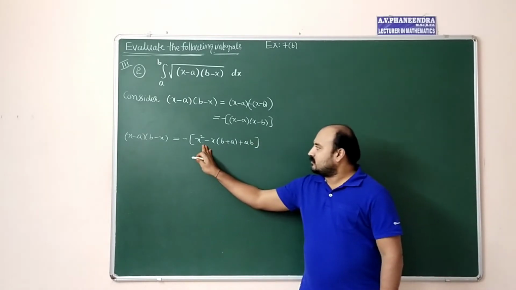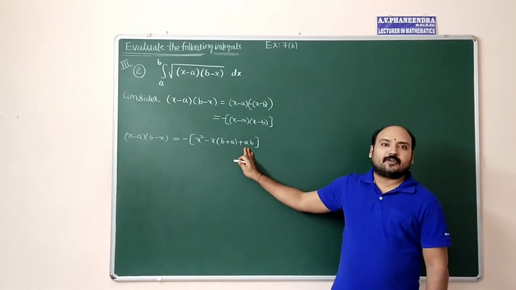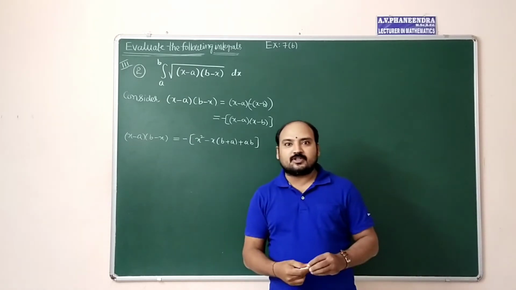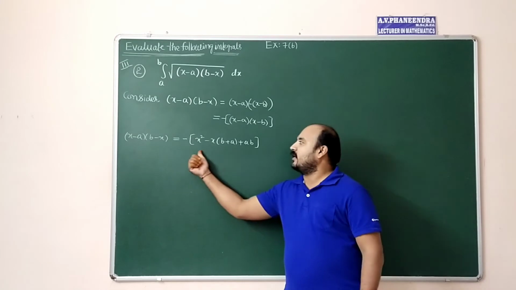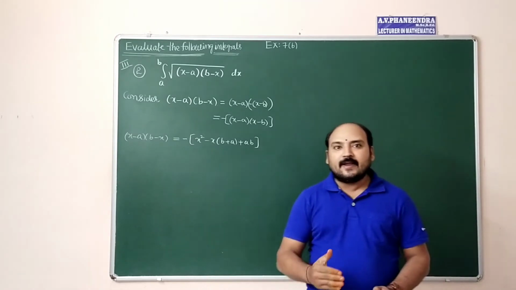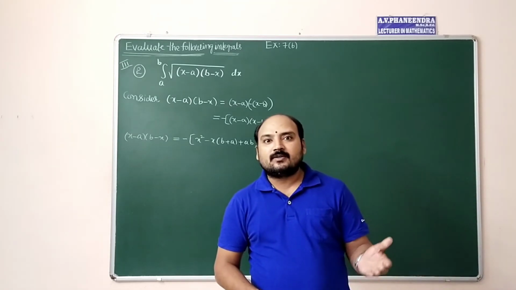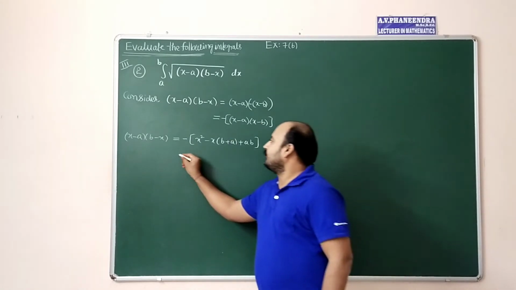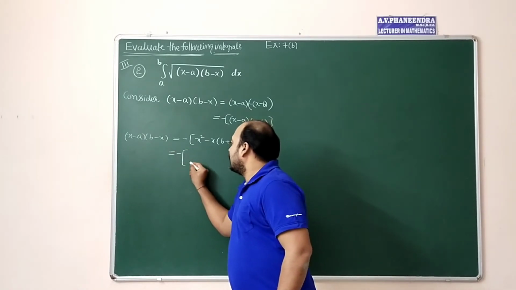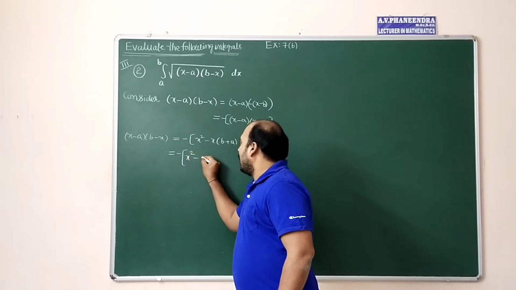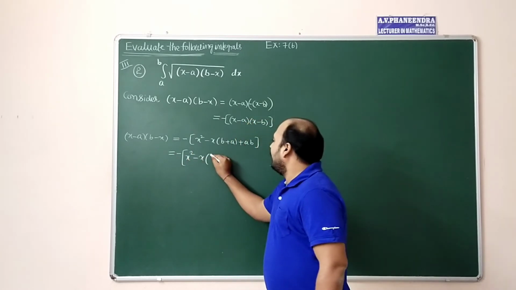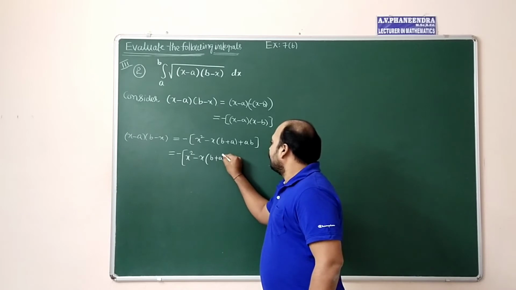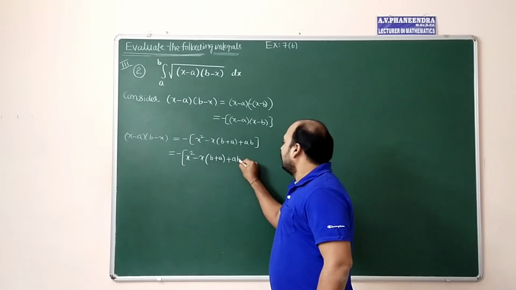Now this we have to make into a perfect square. What is the procedure to make the perfect square? By adding and subtracting half of the x coefficient square, which is equal to minus of (x square minus x into (b plus a) plus ab).